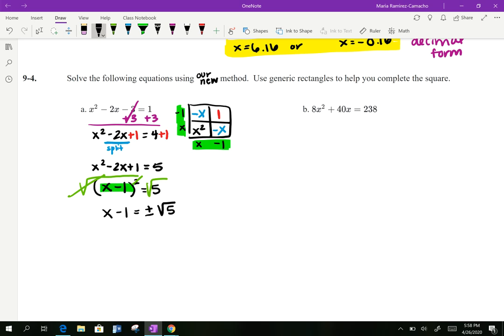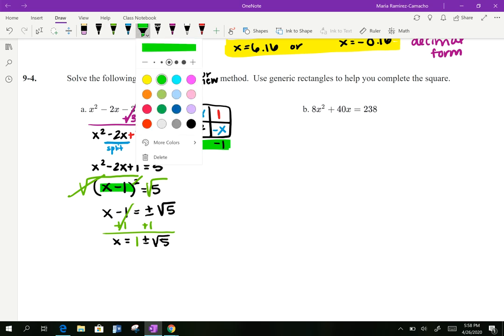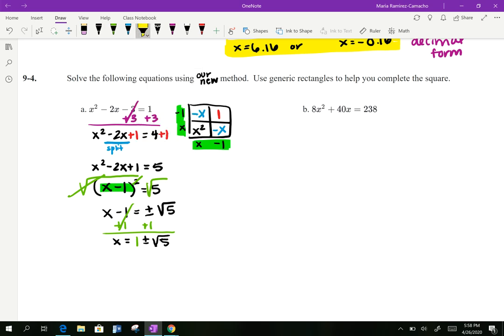All right, let's add 1 to both sides. Now I get x equals 1 plus or minus the square root of 5. Again, this is my answer in exact form.